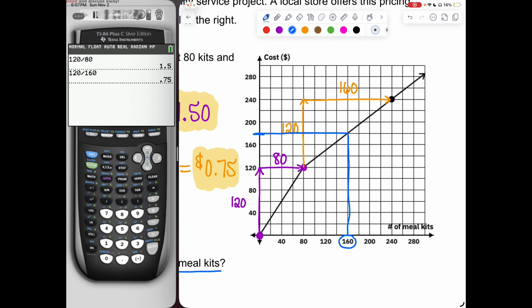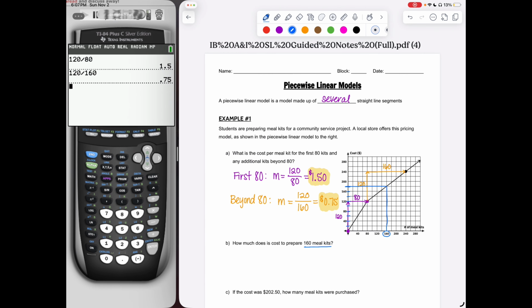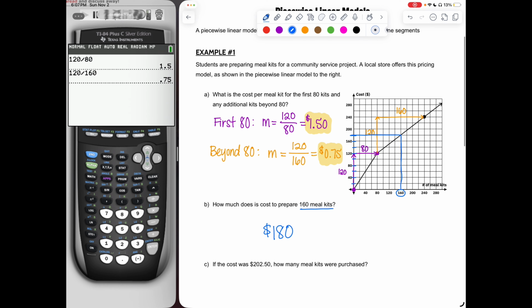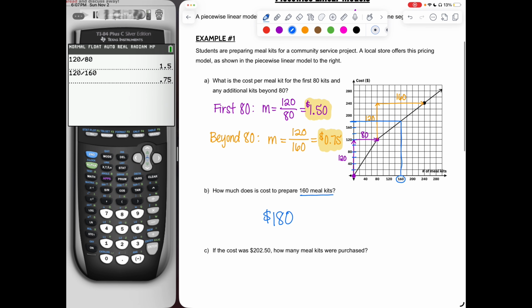If we pay attention, we are labeling by 40s, but we're actually increasing by every 20: 20, 40, 60, 80, 100, 120, 140, 160, 180. So our answer would be $180.